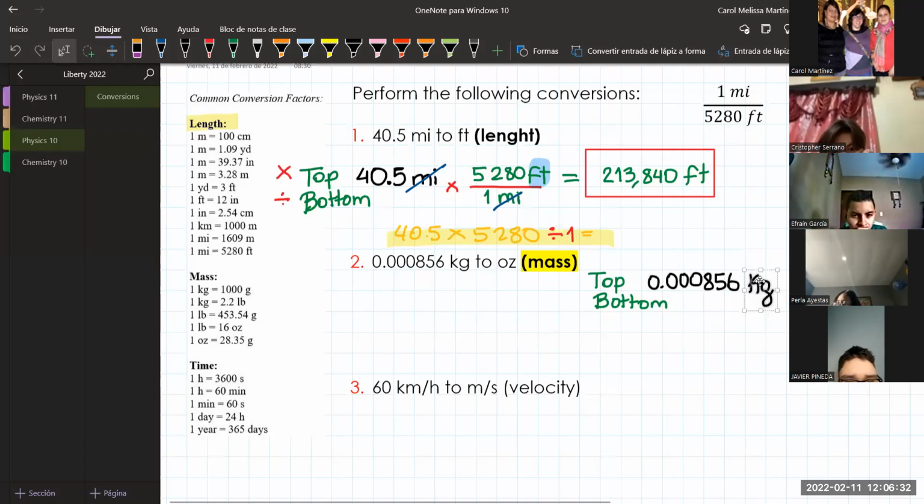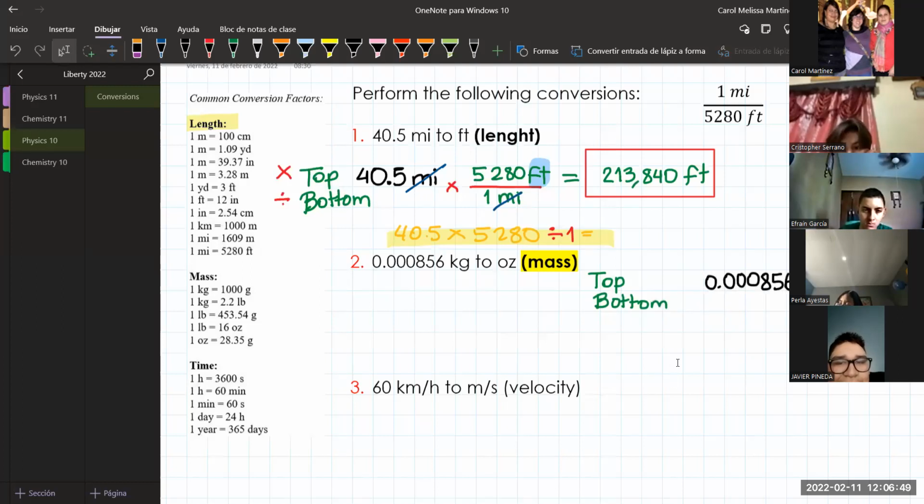Did you find a conversion factor useful for what we need? I mean, is there a conversion factor between kilograms and ounces? No, there is not. Yes.